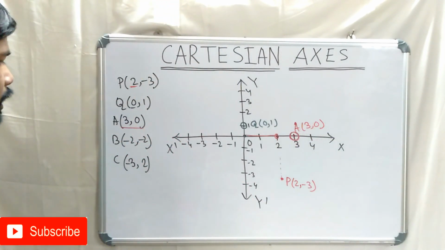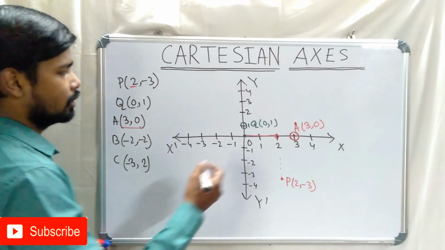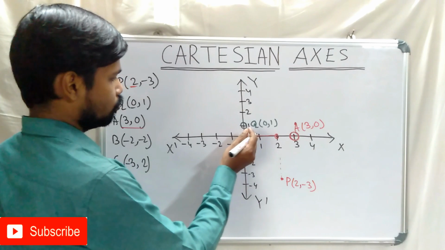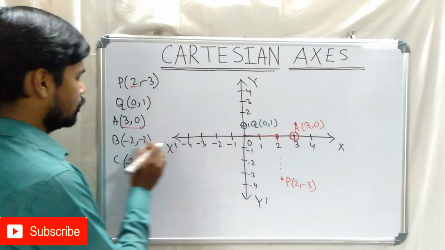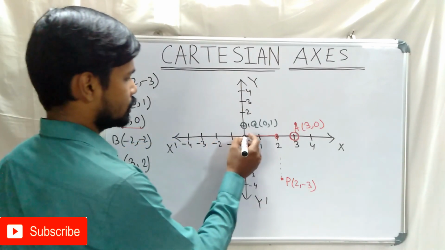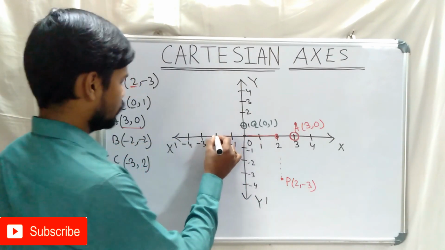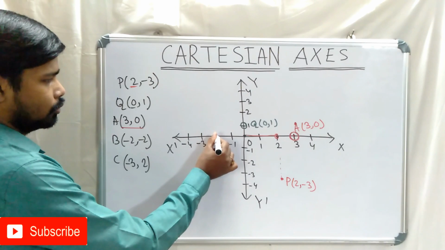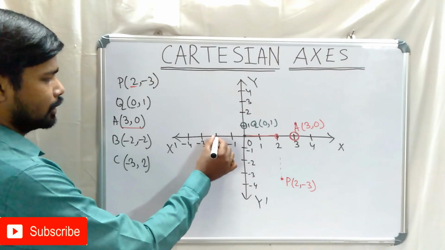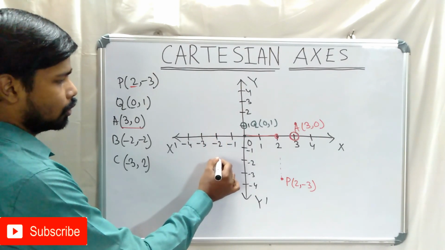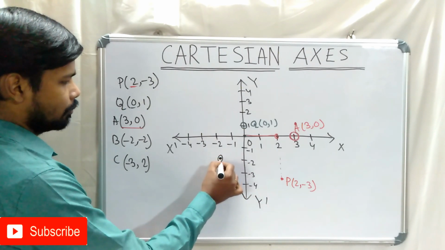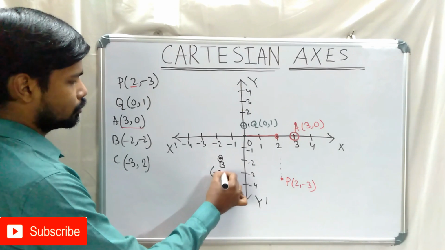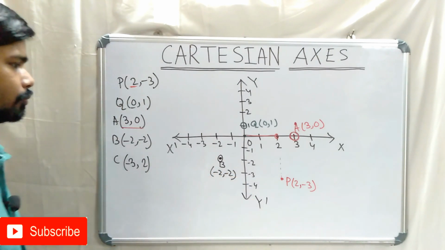For the point B we have to go minus 2, minus 2, that is along the x-axis we have to move towards the left from the origin, 2 unit distance. So this point, and the y coordinate is also minus 2, so we have to go below. So this is the point B whose coordinates are minus 2, minus 2.